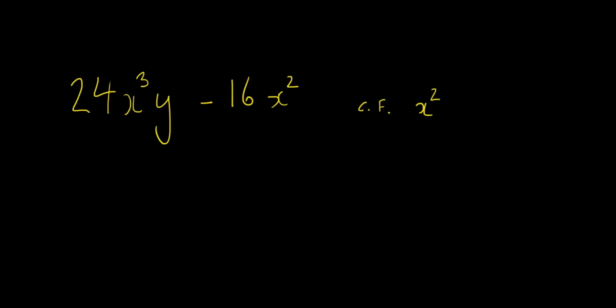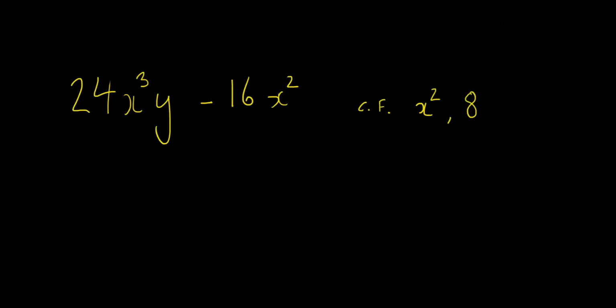Very good. Did everybody understand that? Outside the brackets is x squared. Have we finished all of the common factors? What other common factor? A number goes into 8, isn't it? It's an 8. Understand? How many 8s in 16?